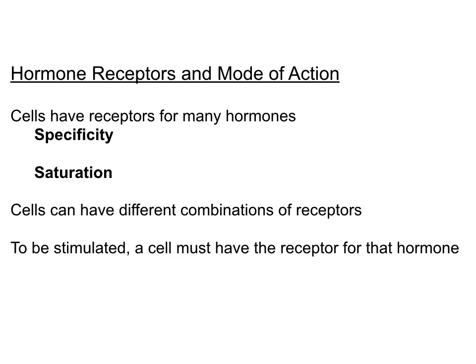Now, one thing you have to keep in mind is that the cells of your body have receptors for many different types of hormones. Now, when you hear that word receptor, there are some things you need to remember from A&P1. Receptor proteins have specificity, meaning the receptor for one hormone will not bind to any other type of hormone.